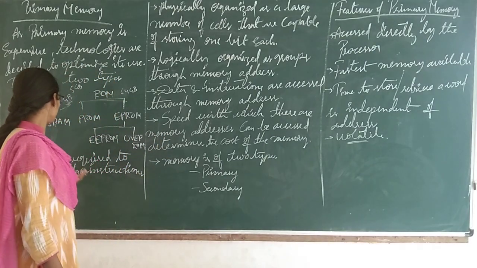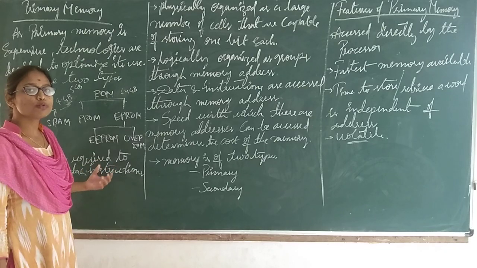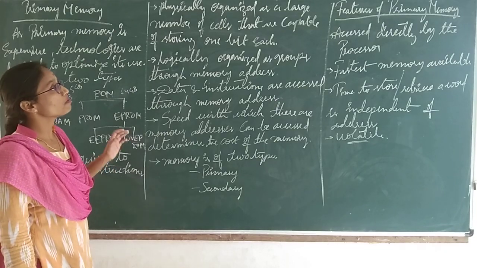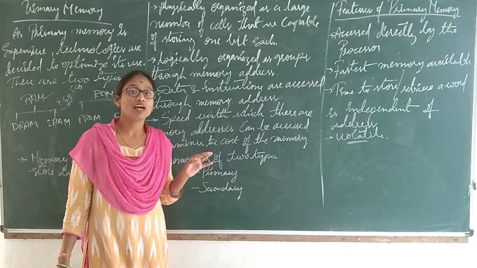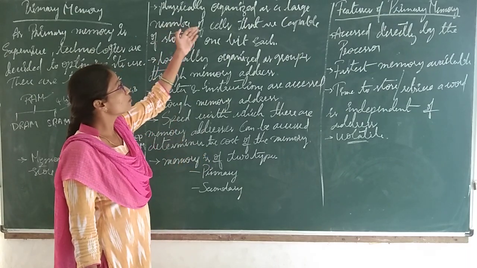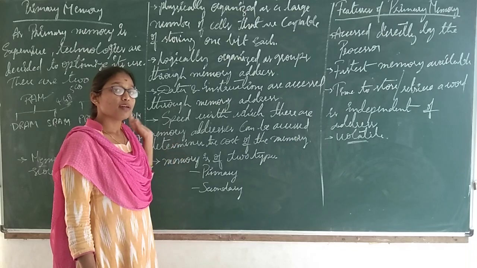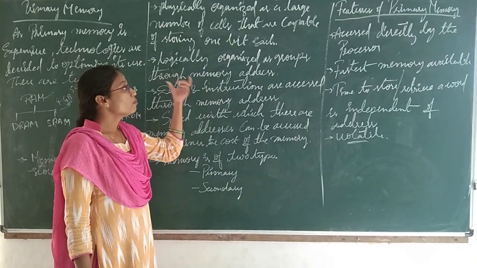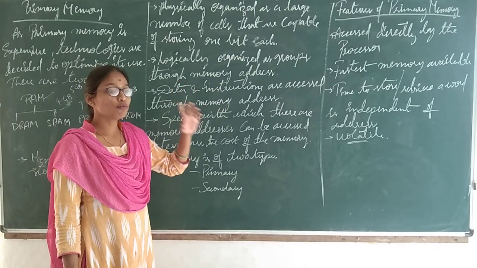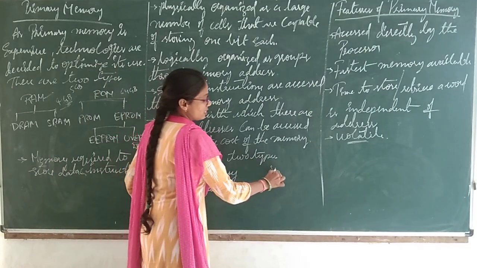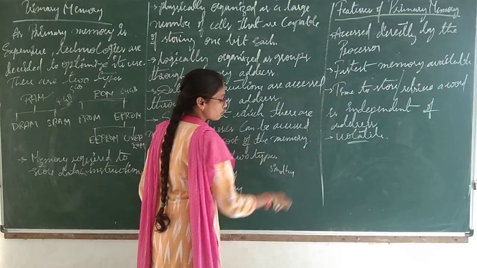This is all the information about primary memory. Memory is required to store data and instructions. Physically the data is organized in a large number of cells capable of 1 bit each, and logically as groups of bits. For example, Sindhu is our college name.